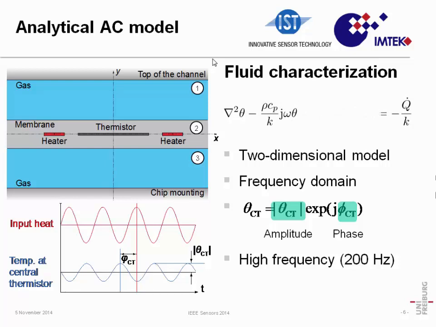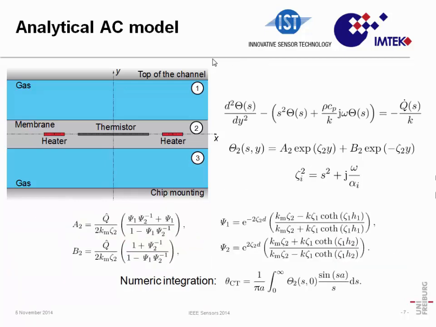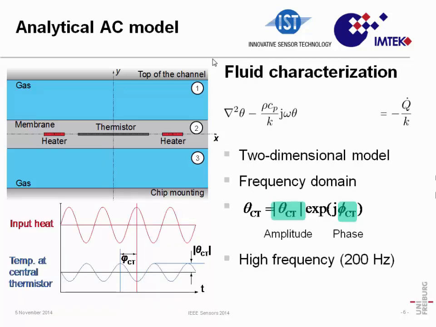Now, to ease the analytical modeling, since I'm working in the frequency domain, I apply the Fourier transform to this equation. The signals I'm interested in are the amplitude measured at the central thermistor, and the phase shift between this measured temperature and the input heat signal.